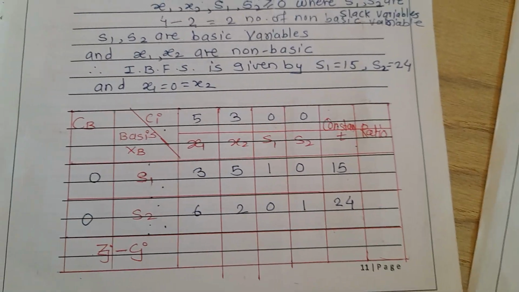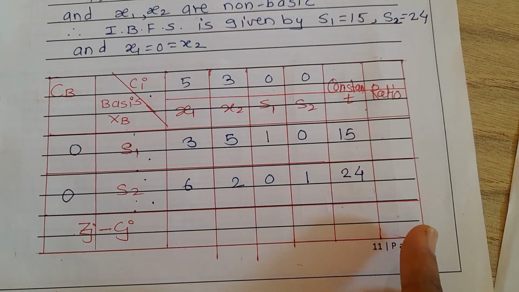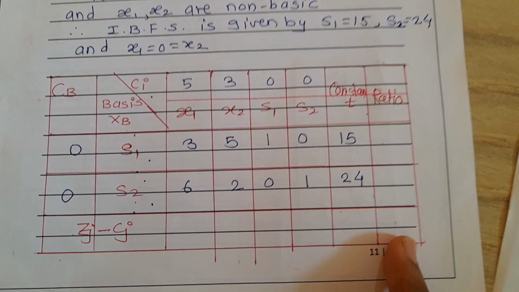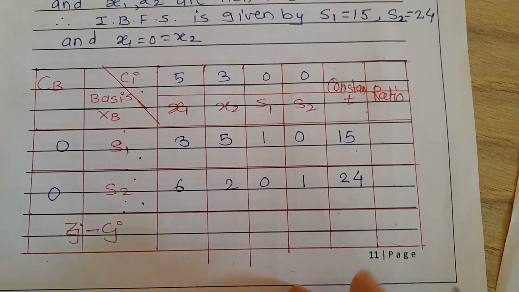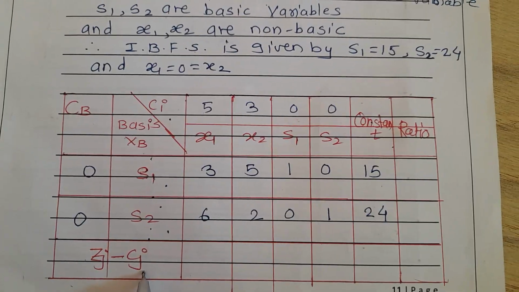Now we want all zj minus cj to be greater than or equal to 0. If all zj minus cj are greater than or equal to 0, then our solution is optimum. We have to find the optimum solution. Then how do we calculate zj minus cj?